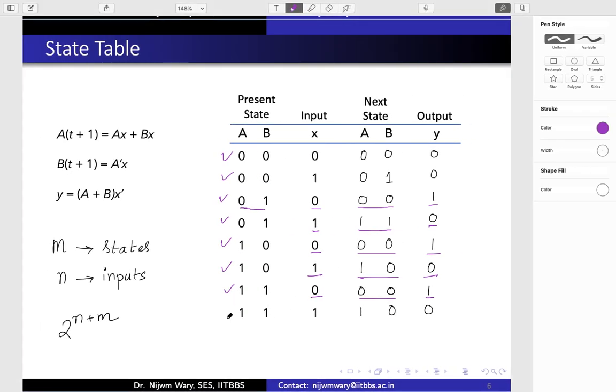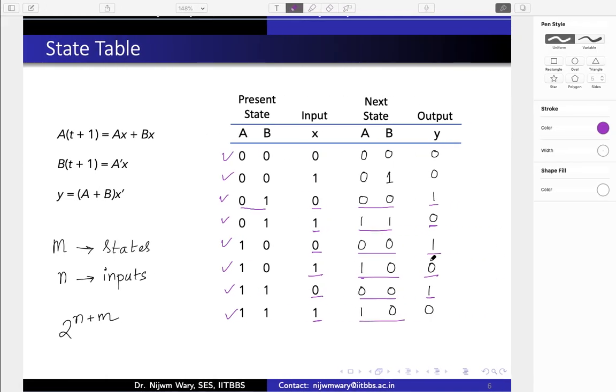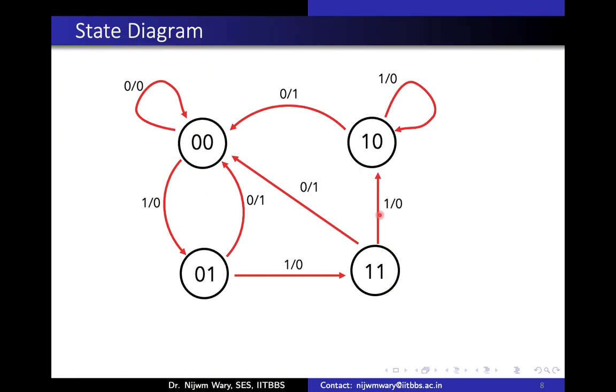Finally, we have the last one remaining: where the present state is 1 1 and the input is 1, the next state will be 1 0 and the output is 0. So this is the complete state diagram.